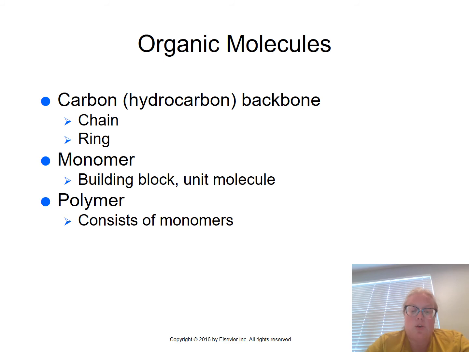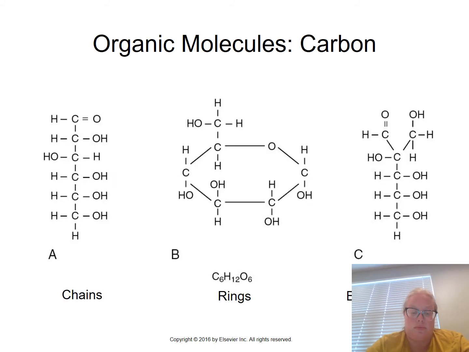Organic molecules have a backbone of chains or rings formed by the carbon and hydrogen atoms, referred to as the hydrocarbon backbone. So here you can see figure A is chains, figure B is the rings, and then figure C is the backbone.